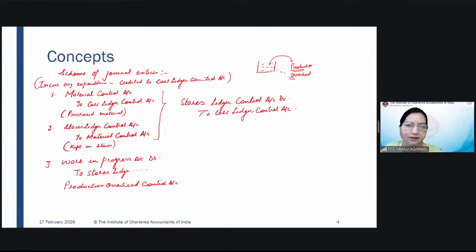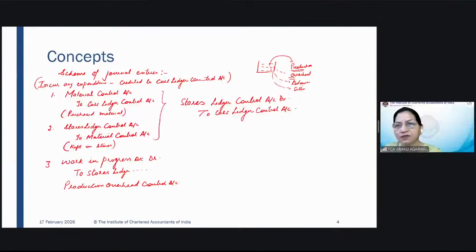And if it is going as an overhead of administration, it can also be used as an overhead of selling. So wherever it is used, if it is going directly to the factory floor for production of finished goods, it goes to the WIP. If it goes to the indirect material used in production, it becomes production overheads.